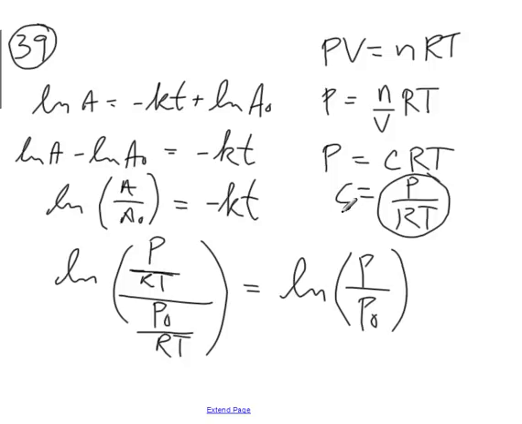The log rule that said the natural log of a quotient is the difference of the logarithms. That's just a rule from logarithms. And I went backwards with that rule. We had a difference of logarithms, so it's equal to the logarithm of the quotient. Okay? If we had a sum of logarithms, it would be the logarithm of the product. Okay?